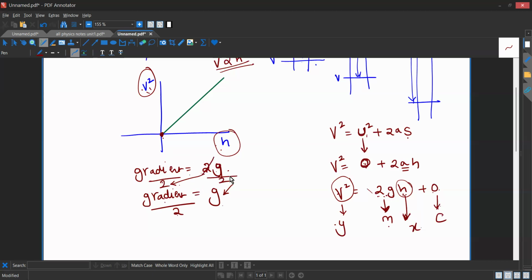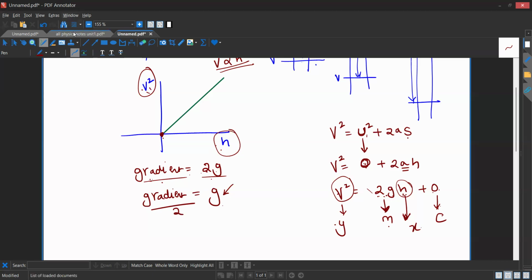This 2 and this 2 get cancelled. This is gradient divided by 2. That also you can do. I don't know how your teacher taught you, but I usually do cross multiplication. If you want, you can divide both sides by 2, and the 2s get cancelled. Understood? Why g is equal to gradient divided by 2?